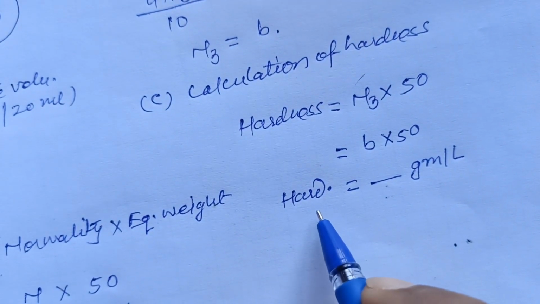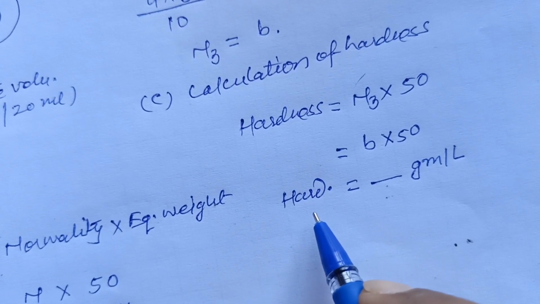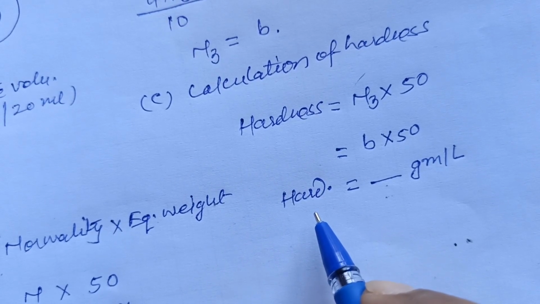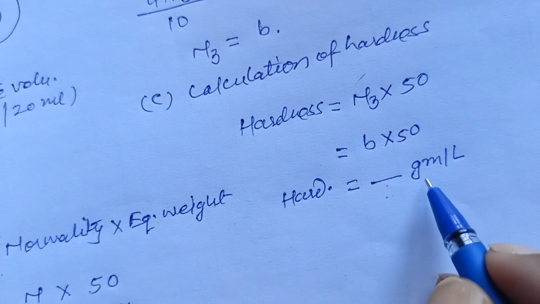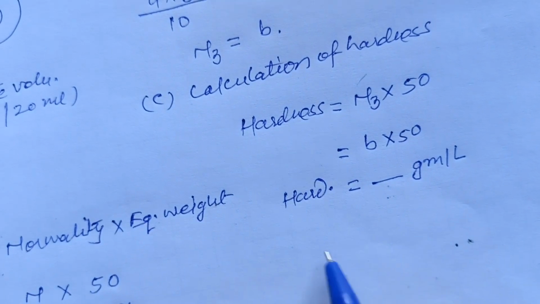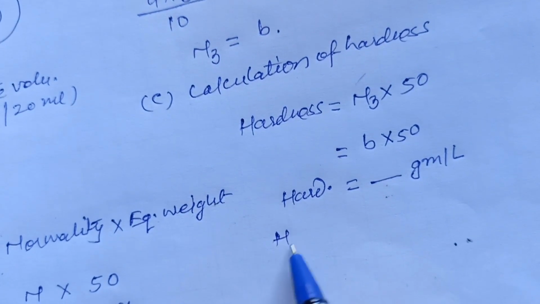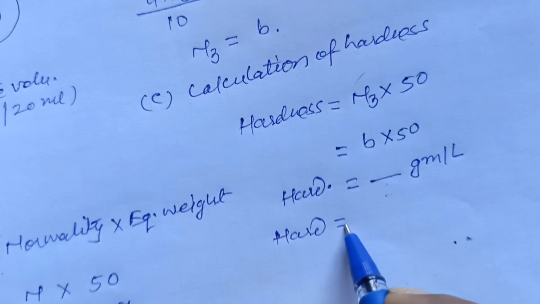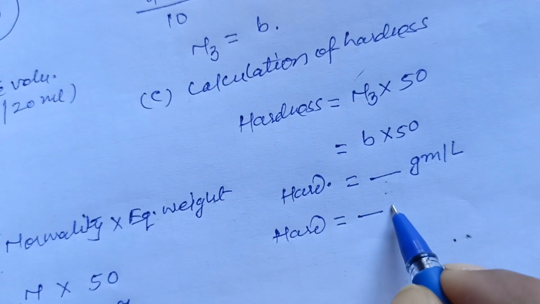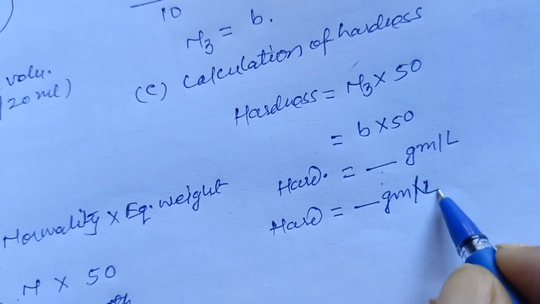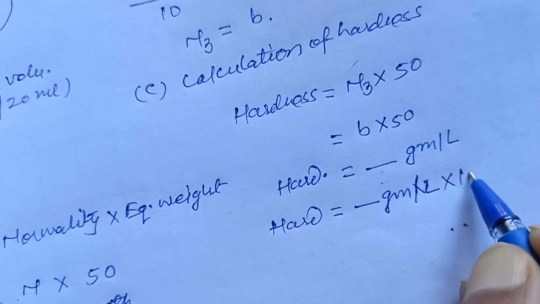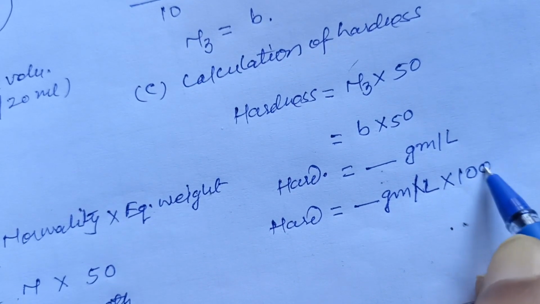Now hardness is calculated in four particular units: milligram per liter, parts per million, degree French and degree Clark. To convert this gram per liter into milligram per liter, we multiply by 1000.